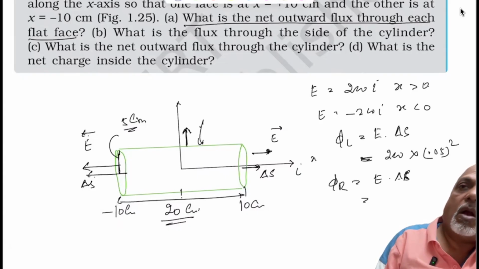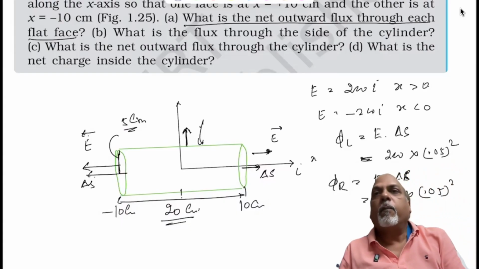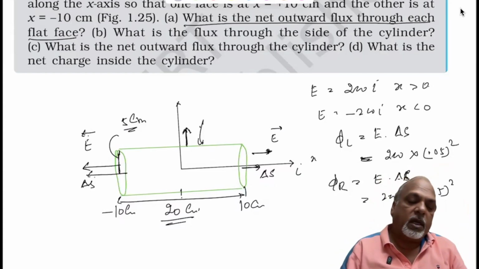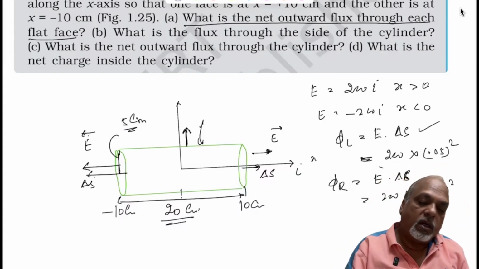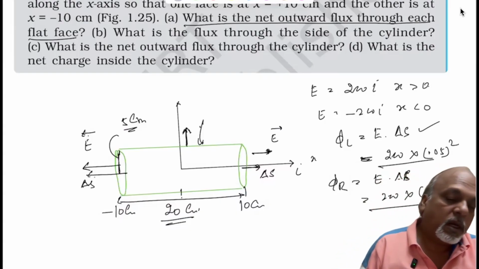This will also be equal to 200 into 0.05 square. Correct. So this is the net outward flux through the left face and through the right face.